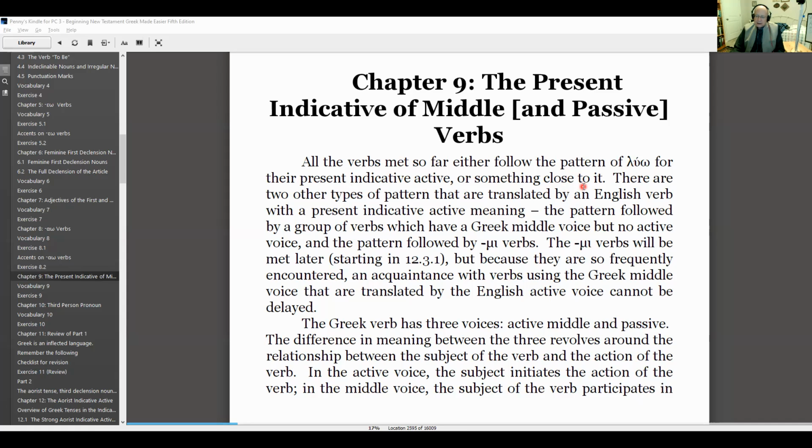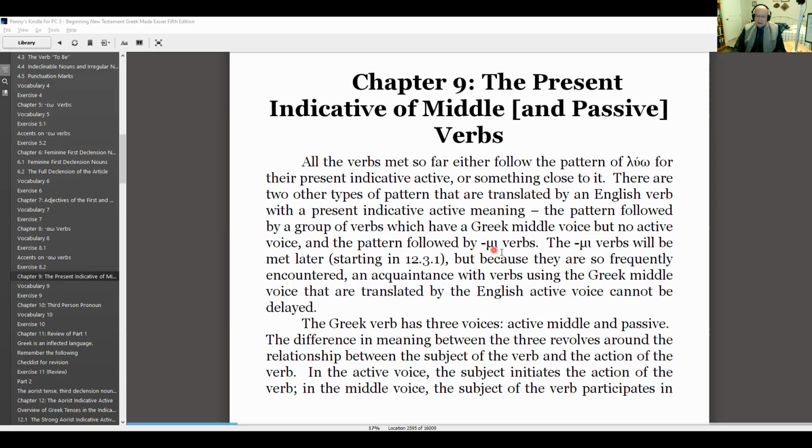They contract, so they are close to the pattern of luo. But there are other types of pattern that are translated by an English verb with a present indicative active meaning: the pattern followed by a group of verbs which have a Greek middle voice but no active voice, and also the pattern followed by what we call mi verbs.